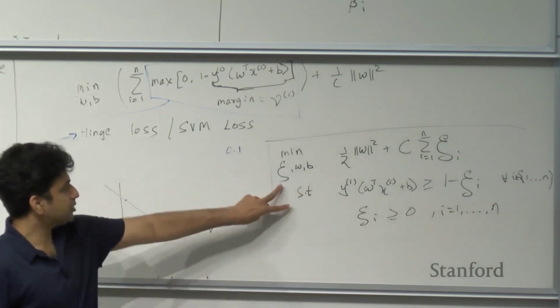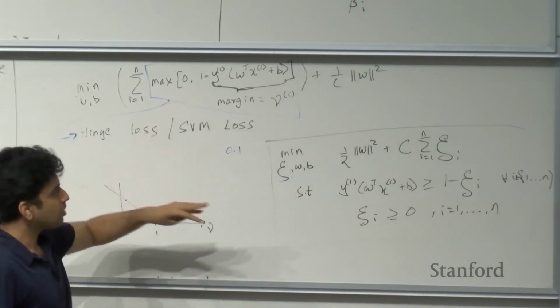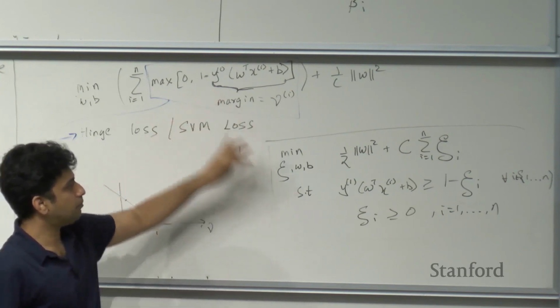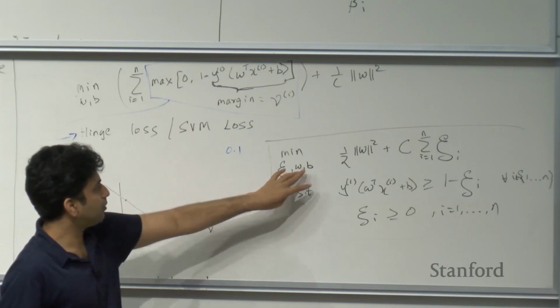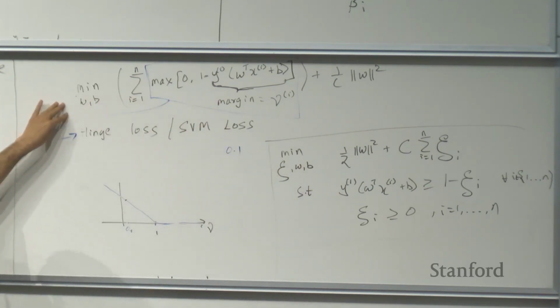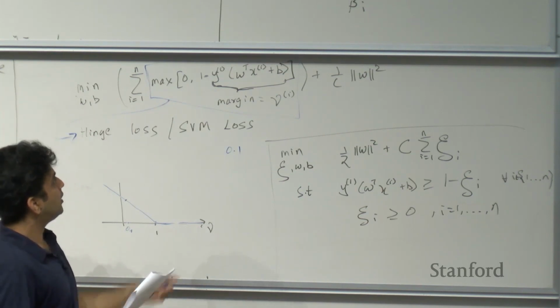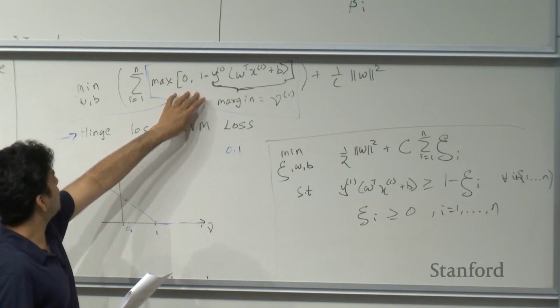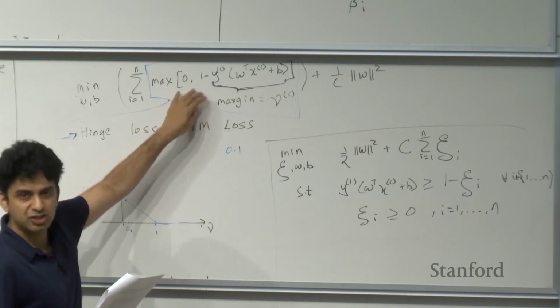Now this formulation looks different from this, but the two are actually equivalent in the sense that the optimal solution you get for w and b from this problem is the same as the w and b you would get from this problem. And the reason why we don't want this form to be solved directly is because this max operator is not differentiable.